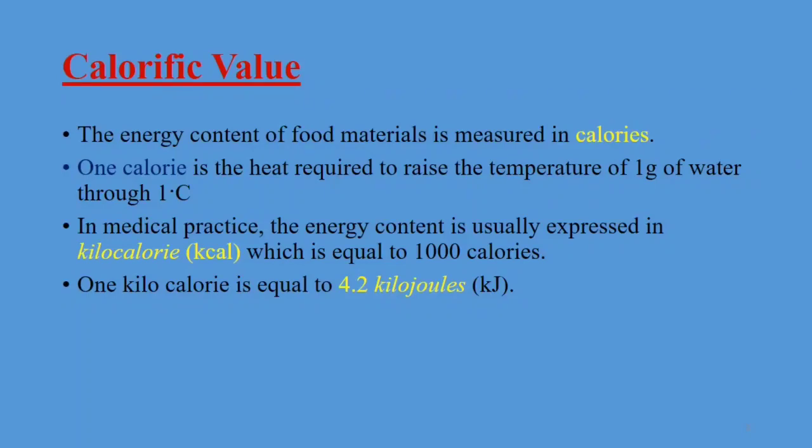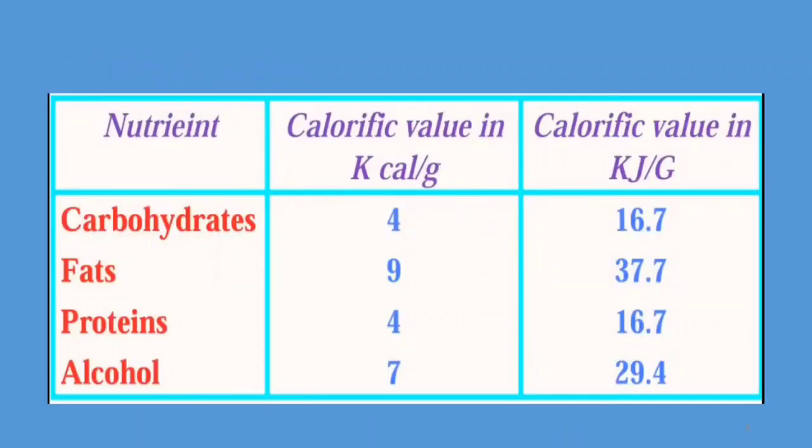Now, calorific value is the amount of heat energy generated by burning 1 gram of foodstuff completely in the presence of oxygen. The calorific values of the calorigenic nutrients are given in this table.